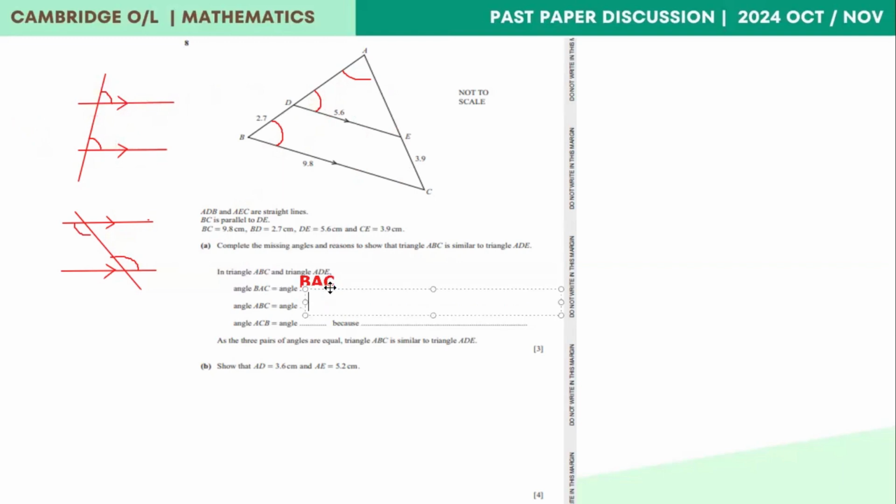So I hope that's clear. ADE because corresponding angles. Next one, angle ACB. Angle ACB will obviously be equal to angle AED because these two angles are already equal, so the third angle also will be equal.